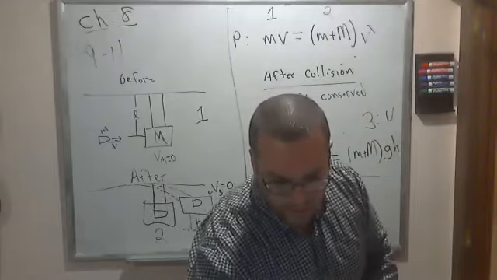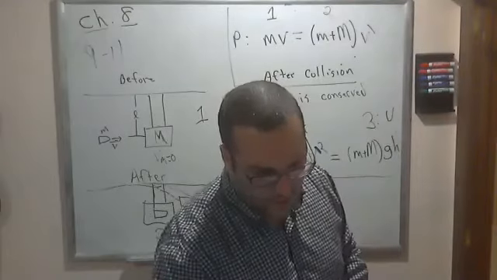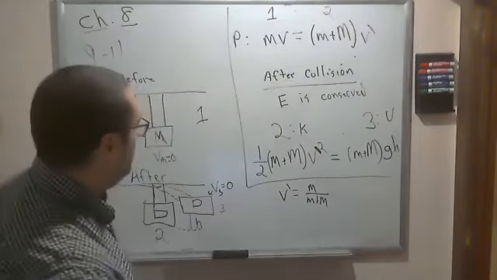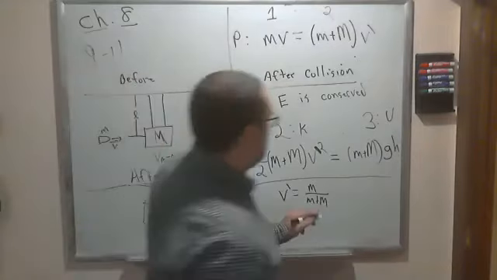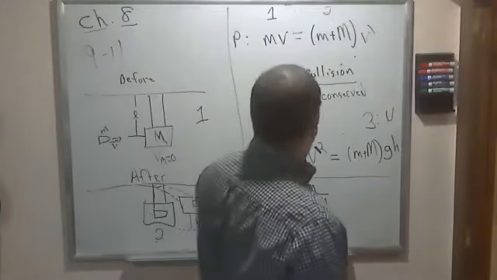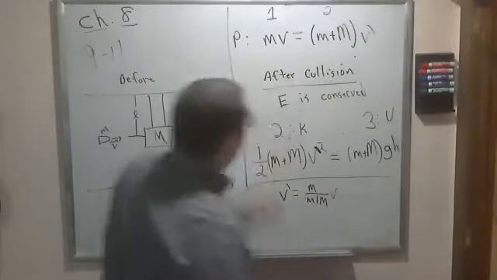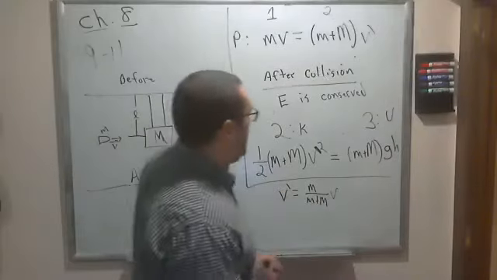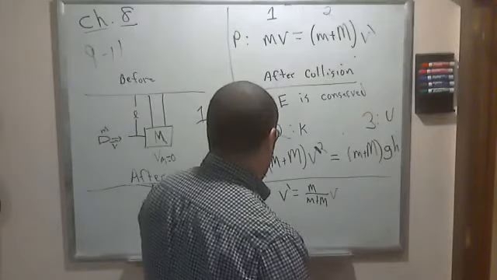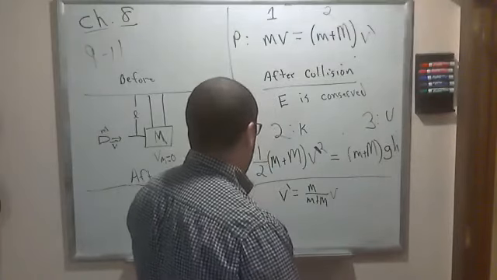Hold on, guys. All right, let's continue. So we have this. V prime is related to V by this equation. So for V prime, now we plug it into this equation.